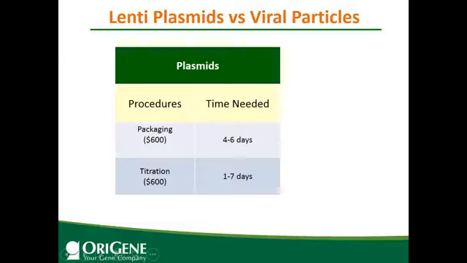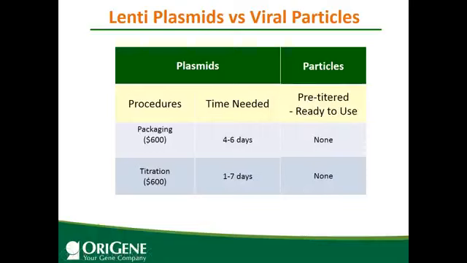If you want to measure the viral titer, you need to get a titration kit. Commercially available, the average cost is $600, and it takes 1 to 7 days, depending on the method you use. In comparison, for particles, if you order them, Origin provides them pre-titered, with the titer already measured. You can directly add them to your cells. You don't need to do any of those steps, so you can save your time and money.